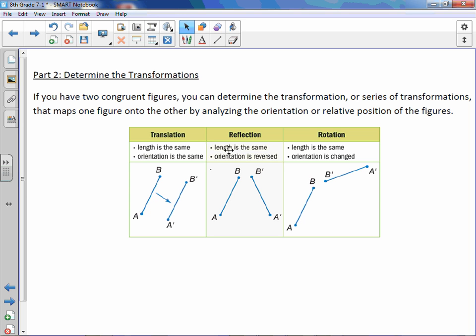Now, in a reflection, the length is the same, but the orientation is reversed. Okay, it looks like it's increasing, and then it looks like it's decreasing. In a rotation, the length is the same, and the orientation is changed. So it's actually moved, it's rotated. So the A is in a different position when it is rotated.